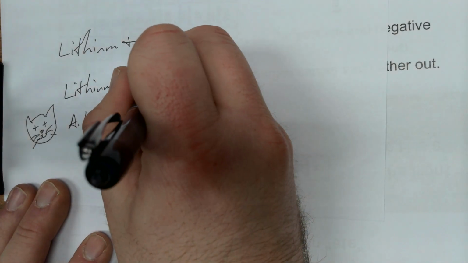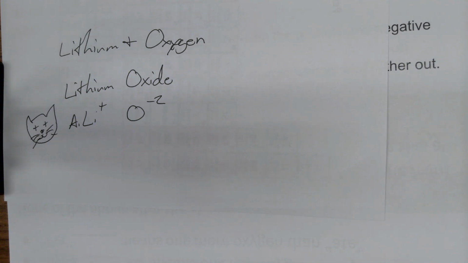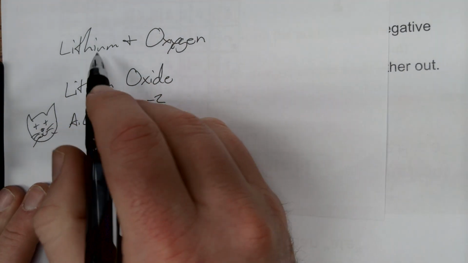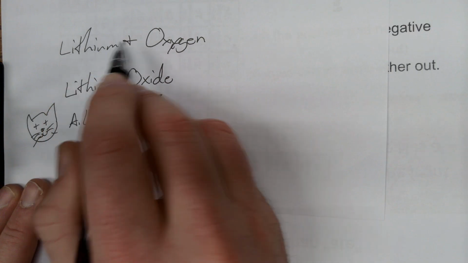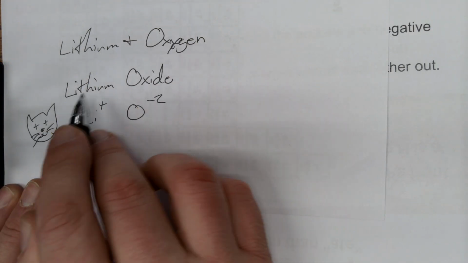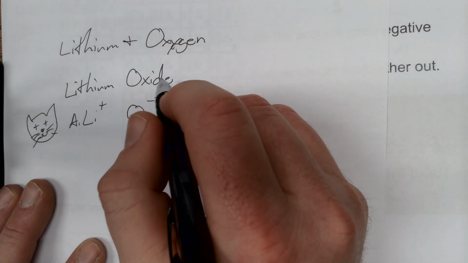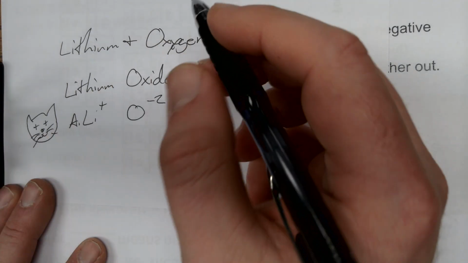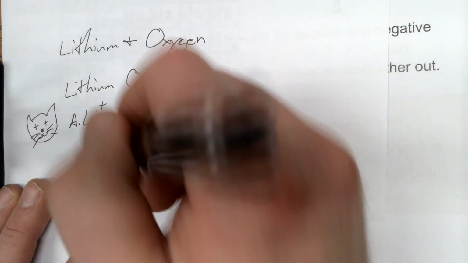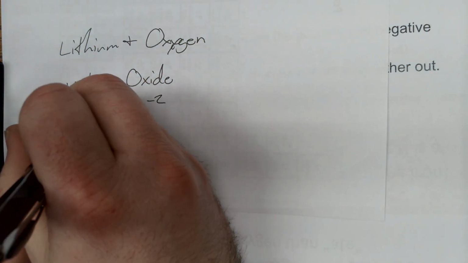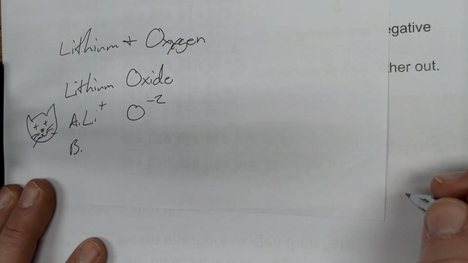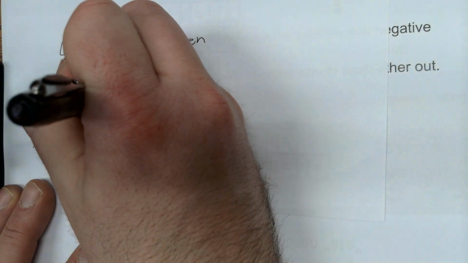Does this look familiar to you guys? I hope so. We've done this already before. Just like up here, I said before I give you lithium and oxygen. Now I'm giving you the actual name of the compound. Lithium oxide. We're going to get into why it's oxide in a second, but first, we're identifying the trend. So if I was to write the formula for lithium oxide, how would I go about doing that? Do we remember our charges have to cancel each other out?